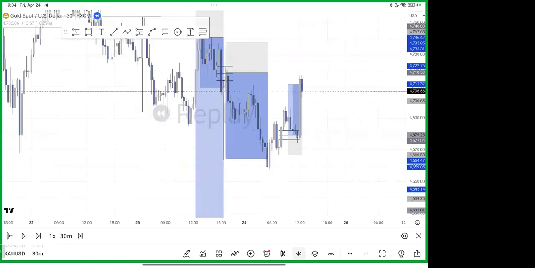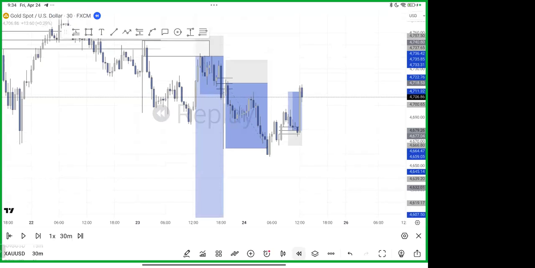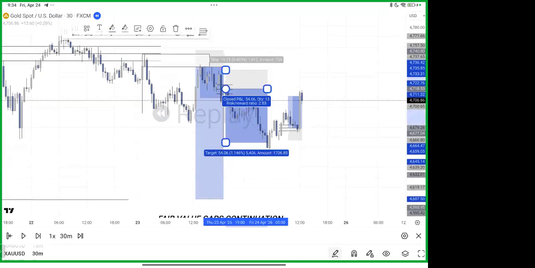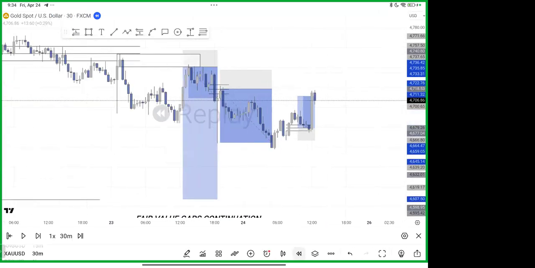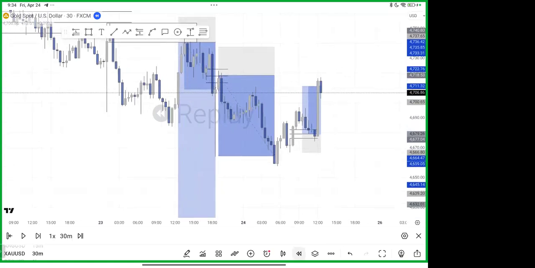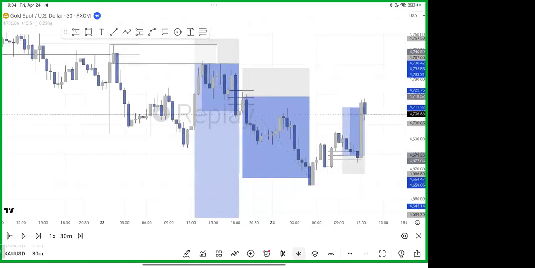And this one today, when someone asks why I did not drop this entry, this particular one, this middle entry here, it is because of this same thing. There were two bullish. Okay, let me just show you.